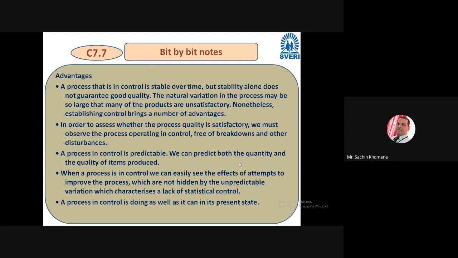The next advantage, a process in control is predictable, right? Then we can predict both the quantity and the quality of the items produced. The next advantage is when a process is in control, we can easily see the effects of attempts to improve the process, which are not hidden by the unpredictable variation which characterizes a lack of statistical control.